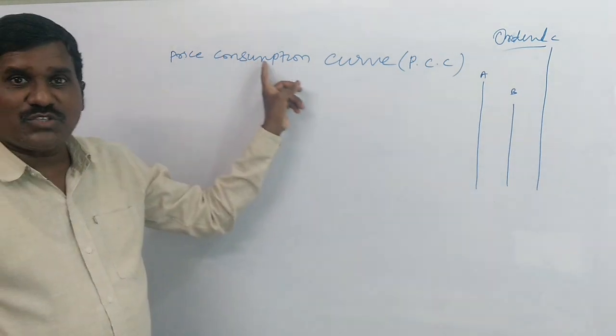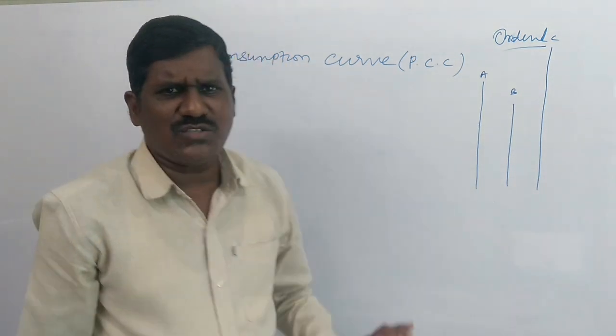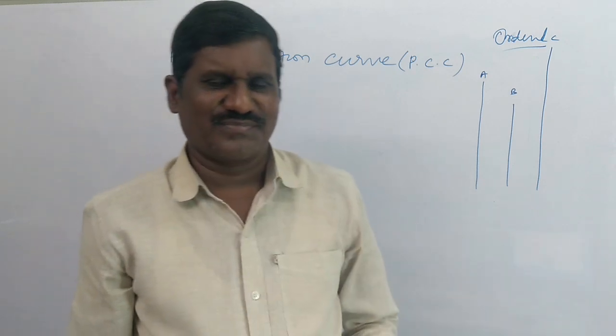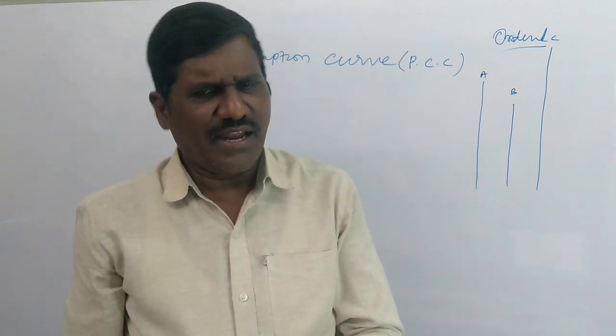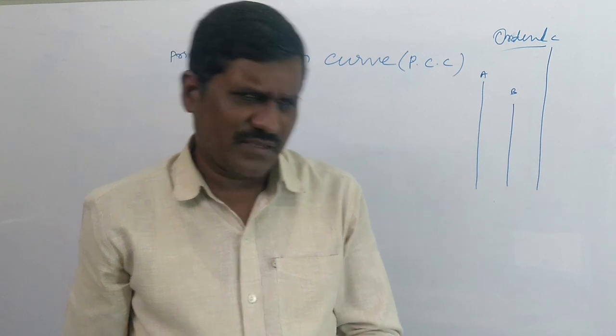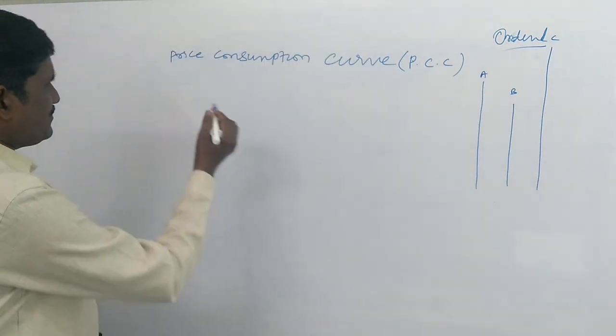Here the consumer is using two types of goods, namely X and Y, or A and B, whatever they may be. Let me explain.